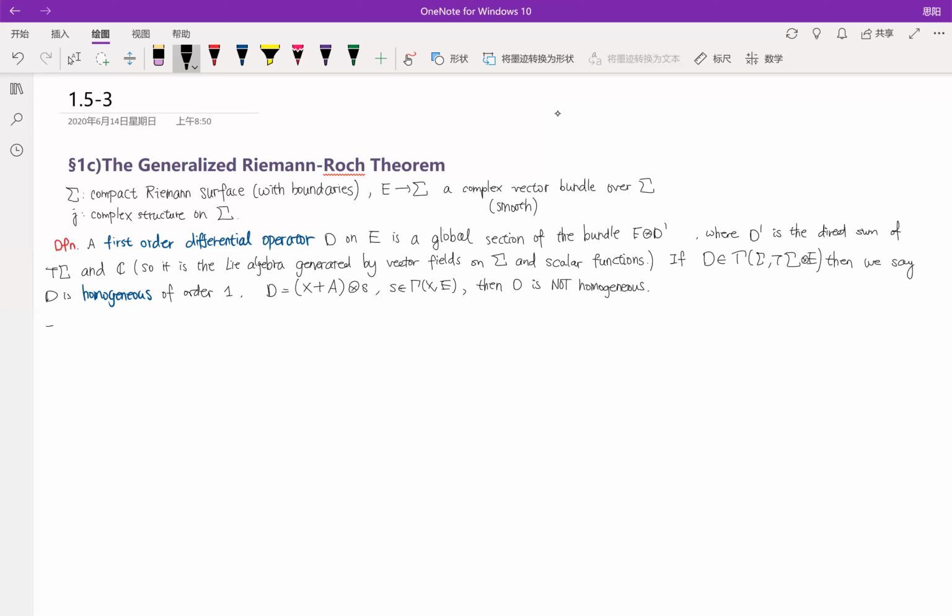Equivalently, this can be formalized by differential forms.